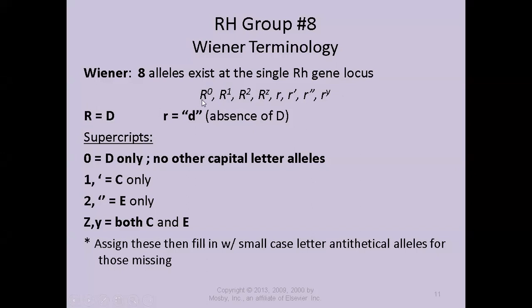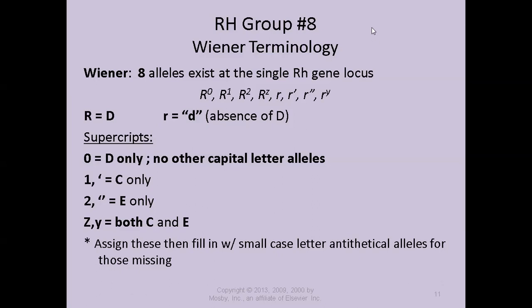So all of these have big D antigen. Then we have 4 alleles which are small r, lowercase r. When you see the lowercase r, big D is not there. It's designating that little d is there, but remember, little d means there's no big D. There is no little d antigen, which in and of itself is a little confusing.